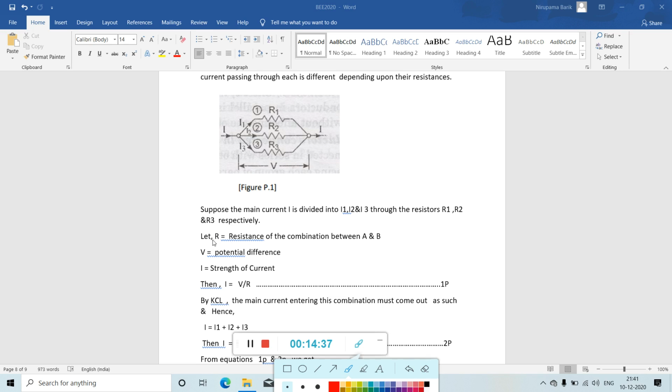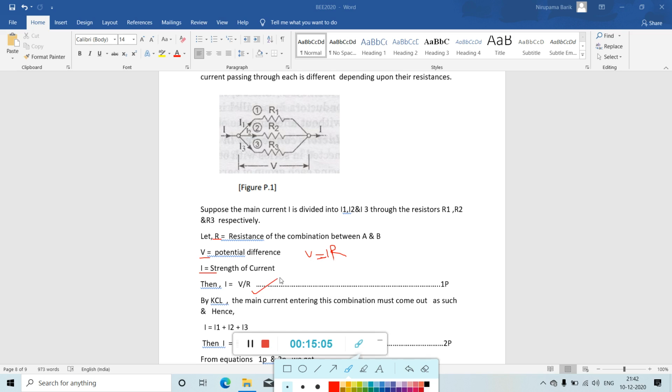Then assume that capital R is the resistance of the combination between A and B, V is the potential difference, and I is the strength of current. Then I is equal to V by R. It came from V is equal to I into R, which is from Ohm's law. So if V is equal to IR, then I is equal to V by R.